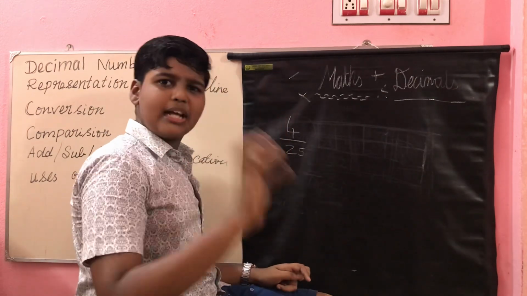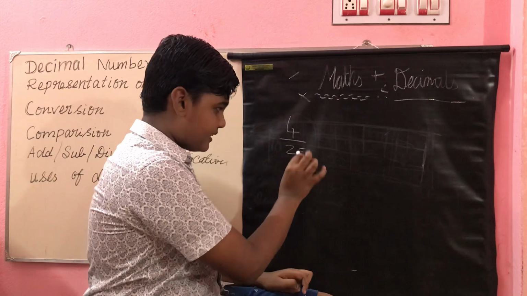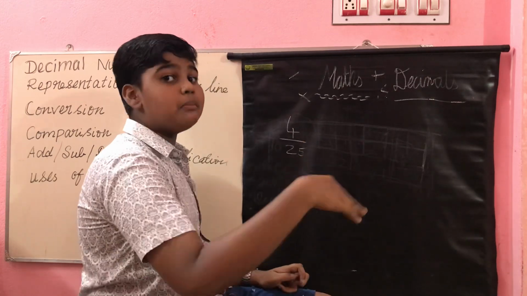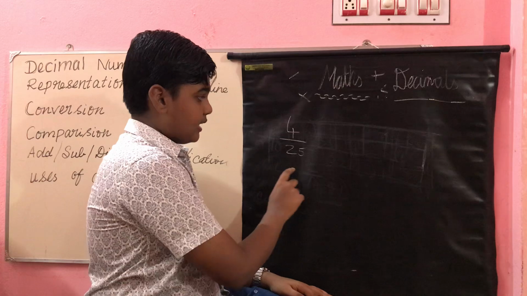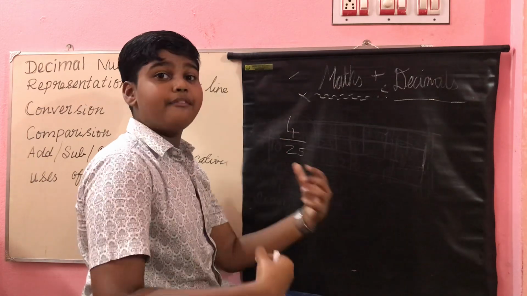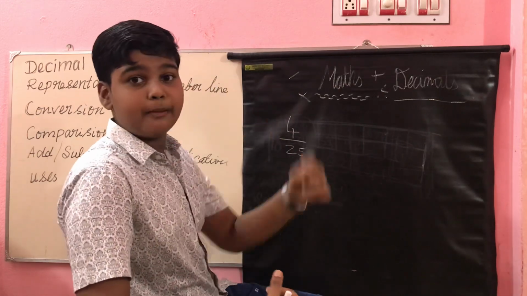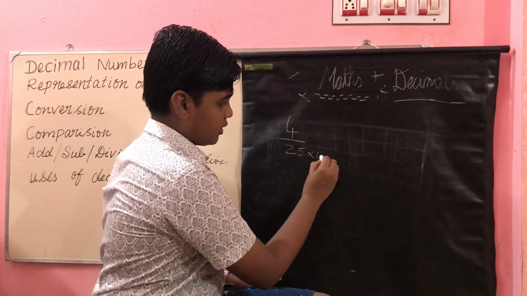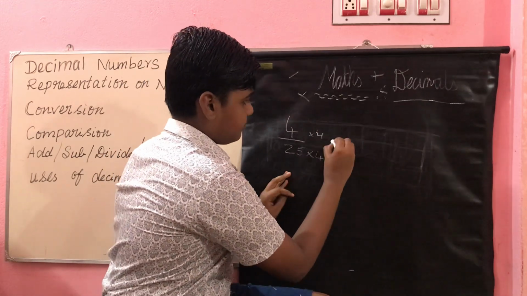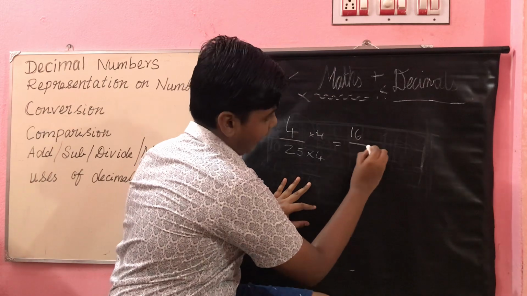So we know that the decimal fractions will always be 10 by 10, 100, the multiples of 10. But here's 25. So see how we can divide with 10. So this goes in the fourth table. So into 4. So this also into 4. So it becomes 16 by 100.